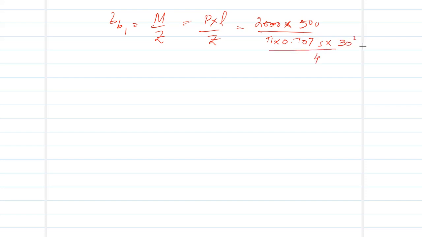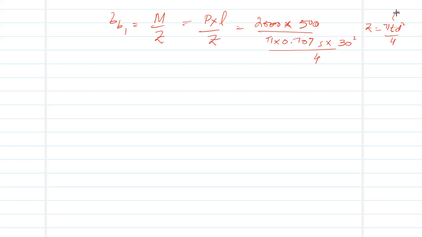I just want to mention that the relation of Z is from the table, pi t d square over 4, where t is equal to throat, and in all the weld problems, this t is equal to 0.707 s.